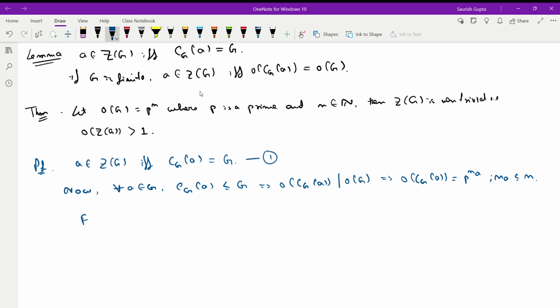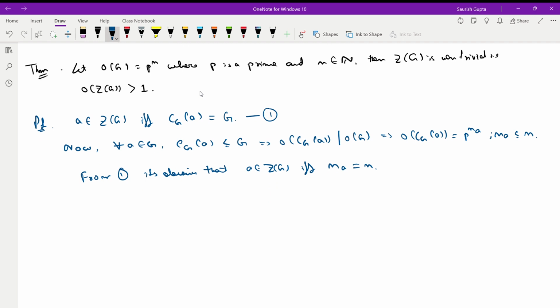From 1, it's obvious that A is in the center of G if and only if the order of the centralizer of A, which we have represented as p to the power n_A, satisfies n_A equals n. Right? This immediately follows from 1. Clear?